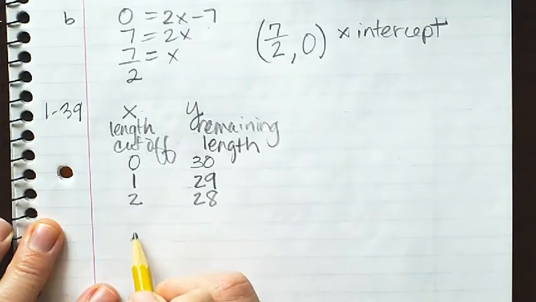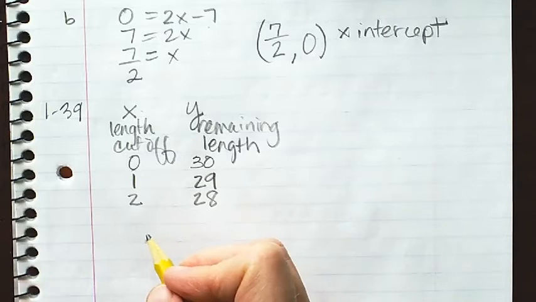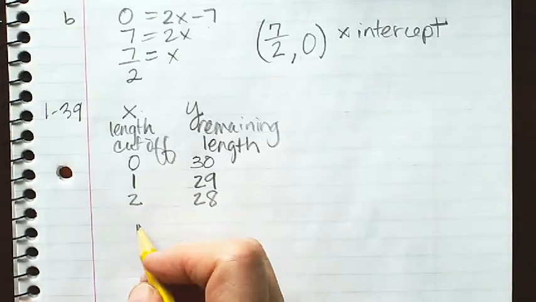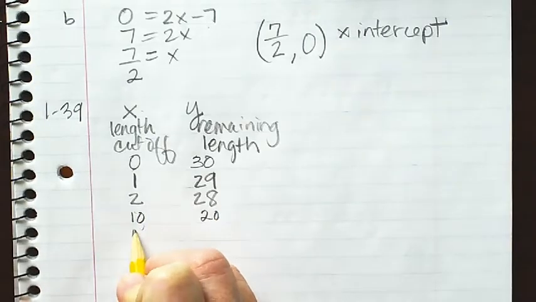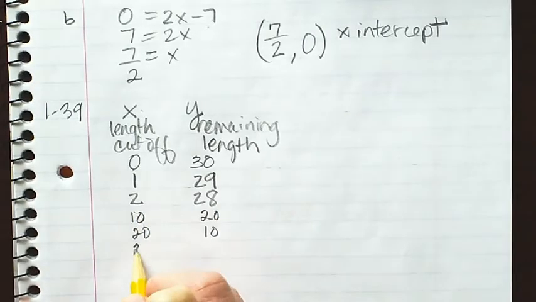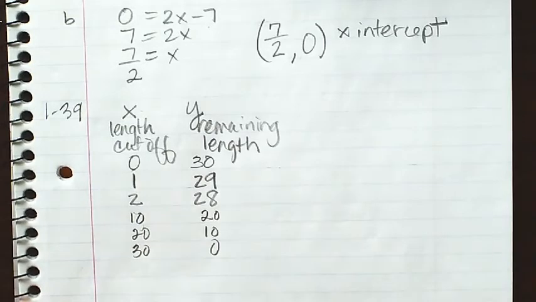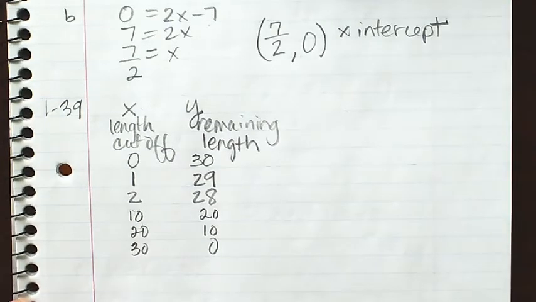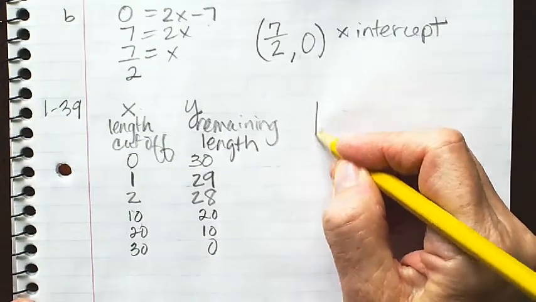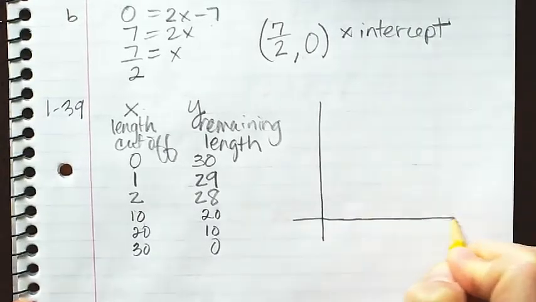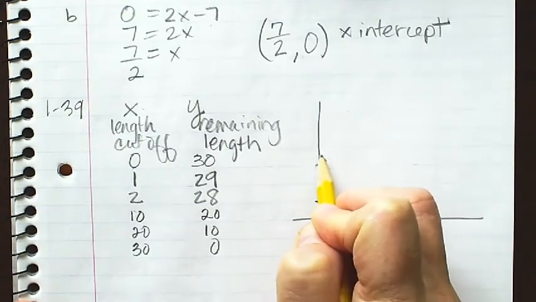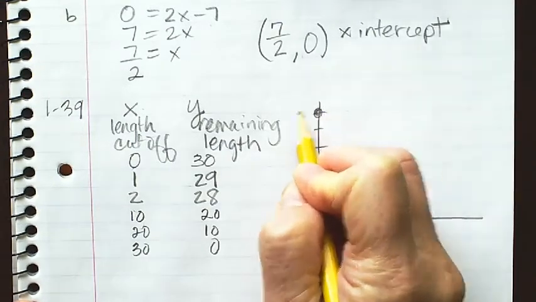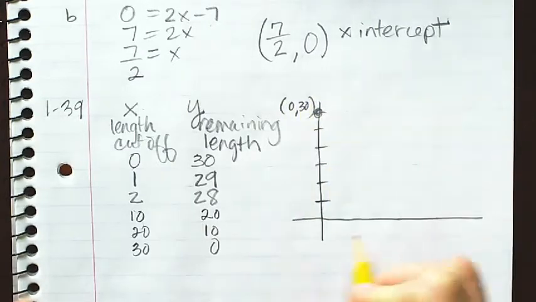Why don't we just do a few points. Well, this doesn't make sense in real life, but we're going to want that x-intercept. So there's our table. Let's just do a sketch. Okay, 0 is 30. And 30 is 0.